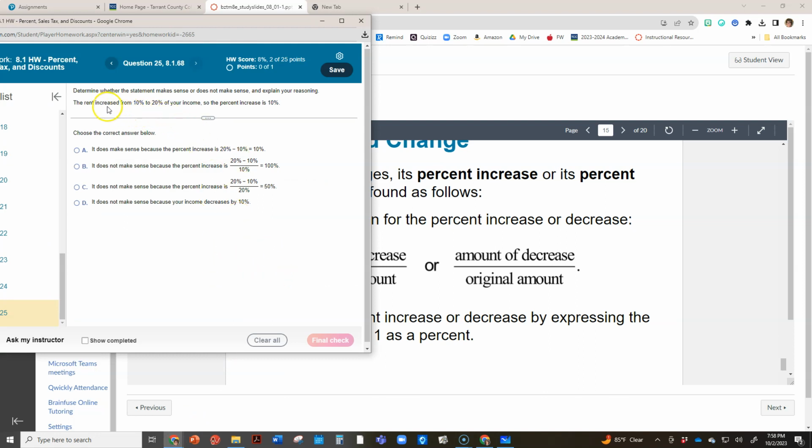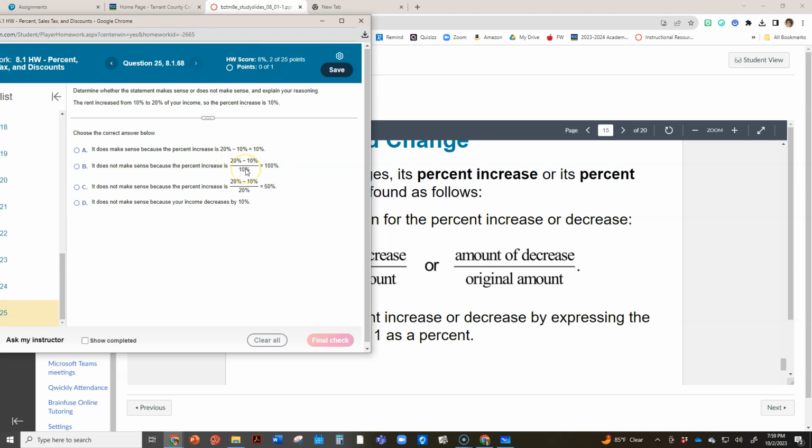So the increase from 10 to 20, that's a change of 10. So we do 20 minus 10, that's a change of 10. And then you put 10 over the original. It was 10%, so you're going to have 10 over 10. This one right here looks like it's going to be the correct answer. Why is it 100?